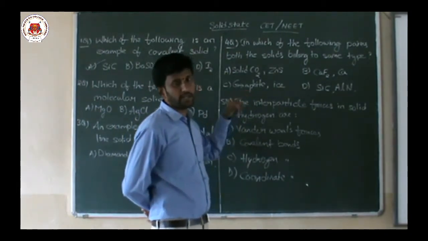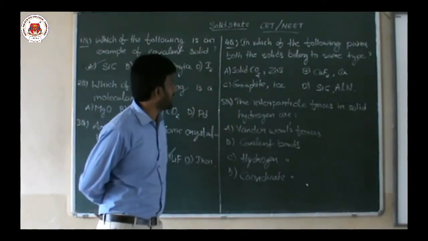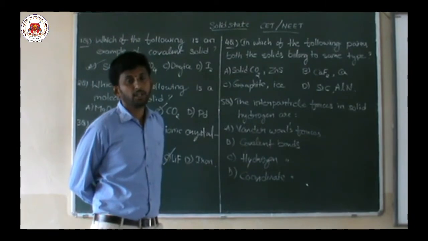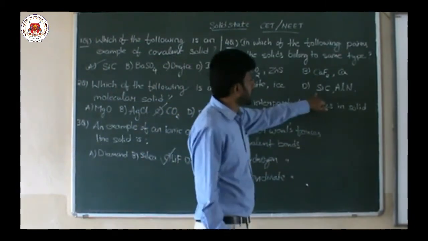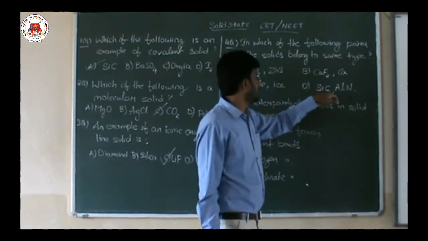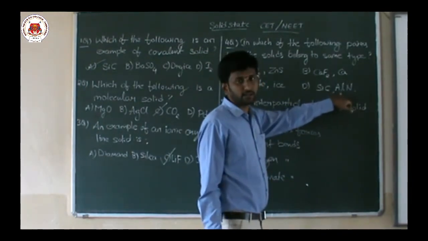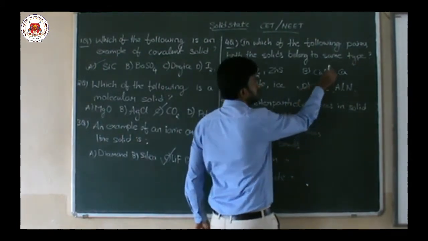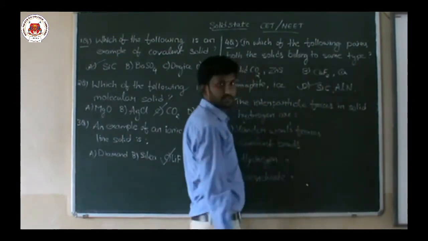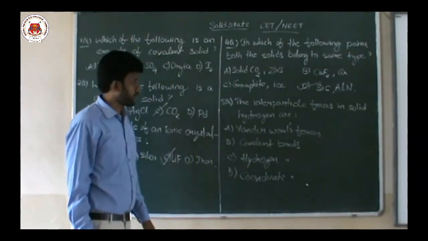Graphite is a covalent or network solid, and ice is a molecular solid. Whereas silicon carbide is covalent, and aluminum nitride is also covalent in nature. So these two belong to the same type of solids.